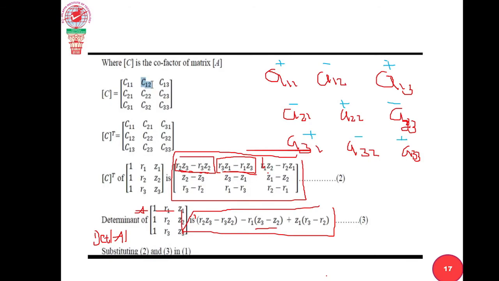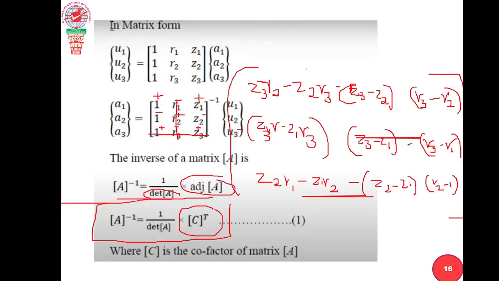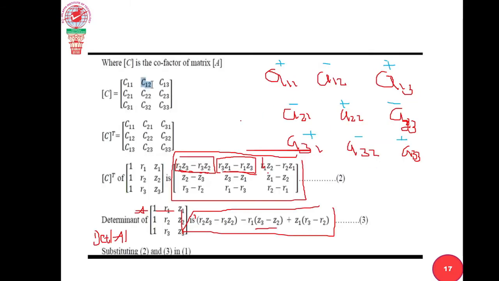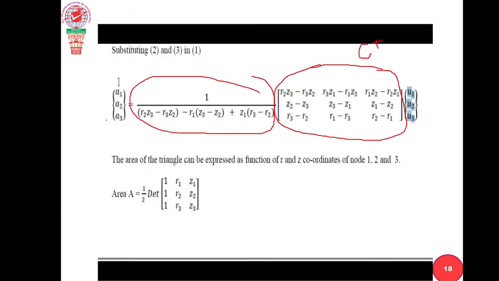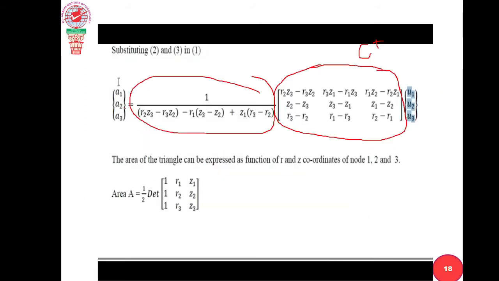This much is called the determinant of the matrix, and this much is known as the adjoint of the matrix or cofactor matrix transpose C of T. So therefore we got A inverse into U1, U2, U3 is equal to A1, A2, A3. That is what we did here. Clear?